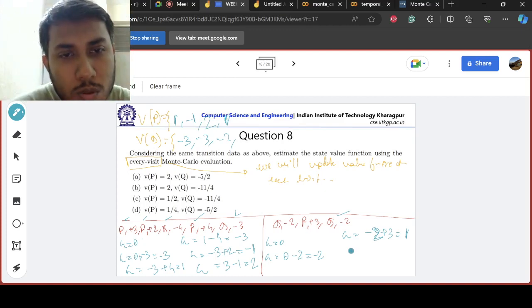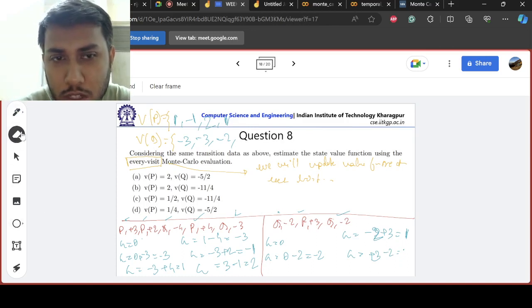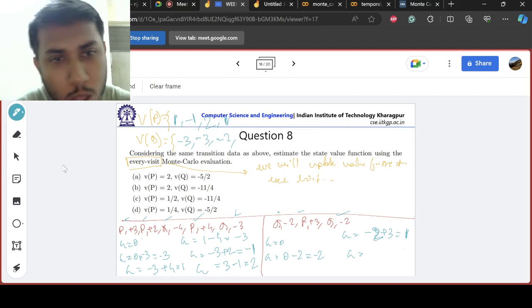Then we come to this, g equals plus 3 minus 2 is equal to, sorry, I made a mistake here. 1 minus 2 is equal to minus 1, so this will be minus 1.